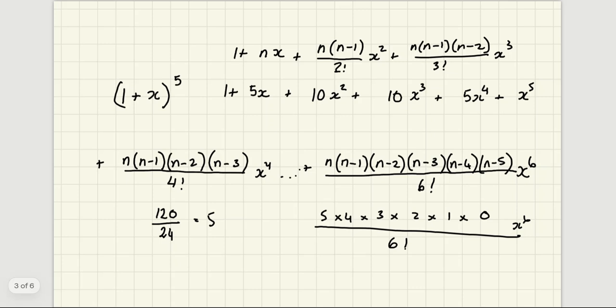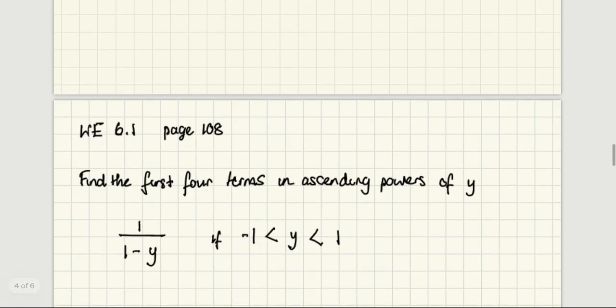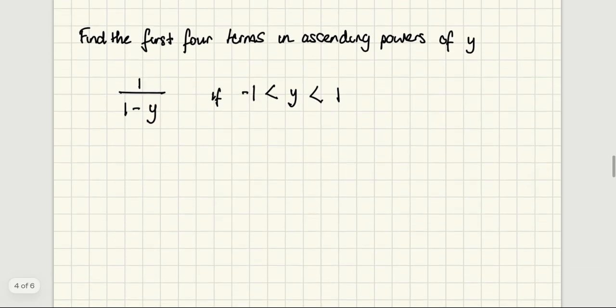However, what happens if we want to do something like this? Find the first 4 terms in ascending powers of y. They're just setting the question y between minus 1 and 1, so you know that. So how do we do that expansion? Is that to the power of 4? No. Oh, it's the minus 1.